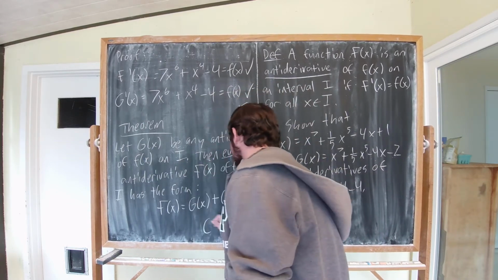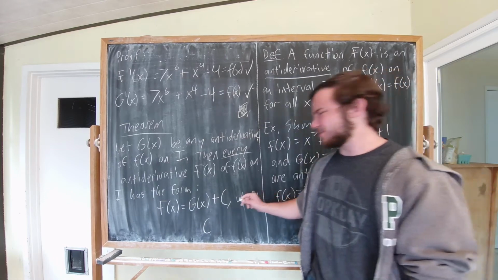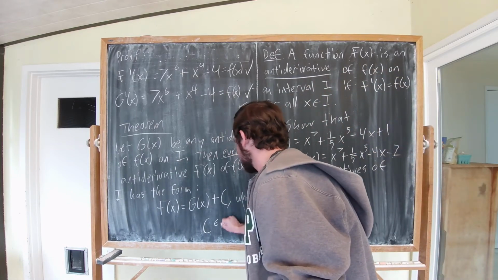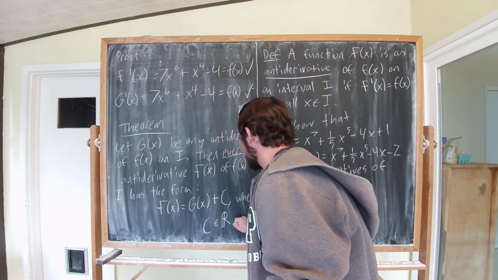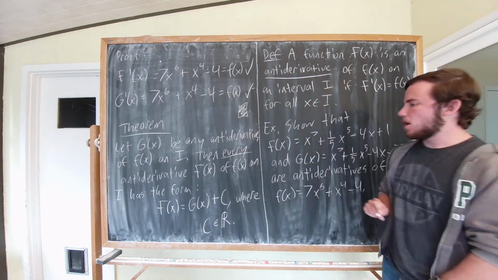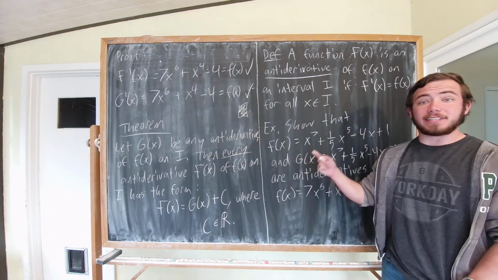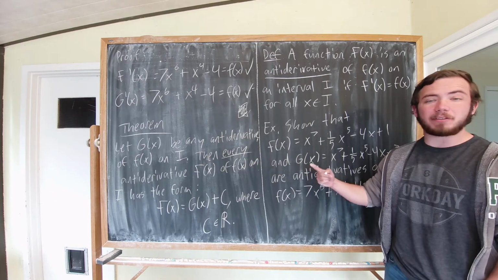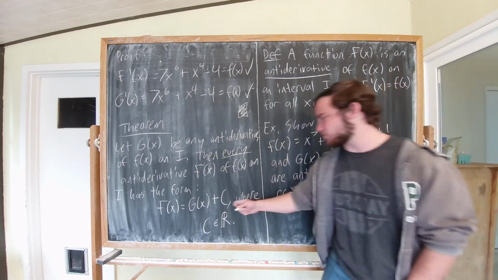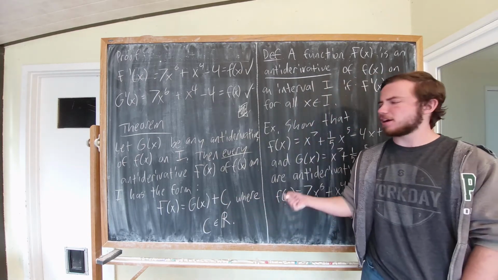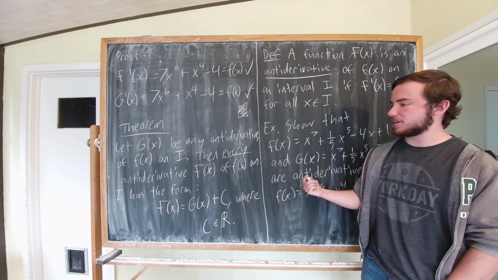And we typically write this with a capital C, and we'll discuss that in a bit. Alright, so that's very nice. It tells you, hey, once you have one antiderivative, you essentially have all of them. Just put on an extra arbitrary constant at the end.